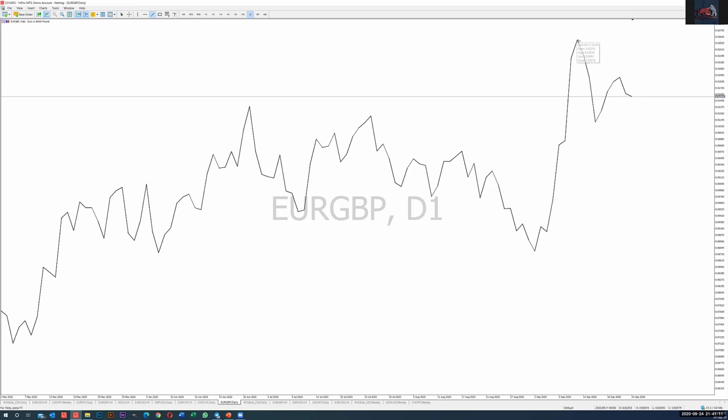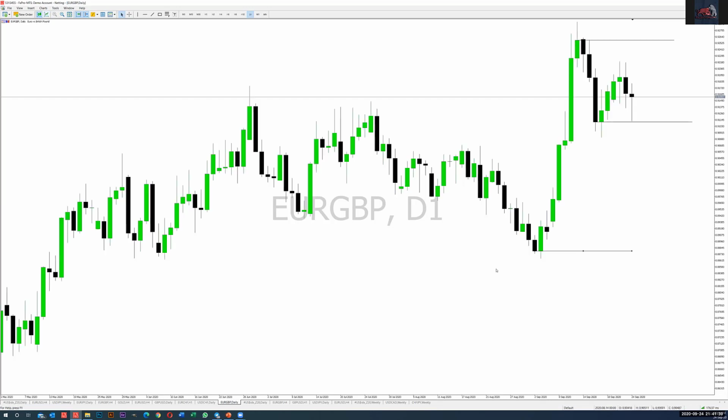Firstly, I'm going to highlight the high, 92579. Now I'm going to copy the line, highlight the low, and then the lowest low. Now I'm going to switch to a candlestick.